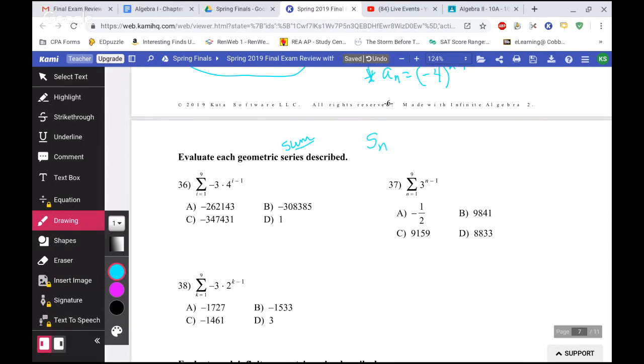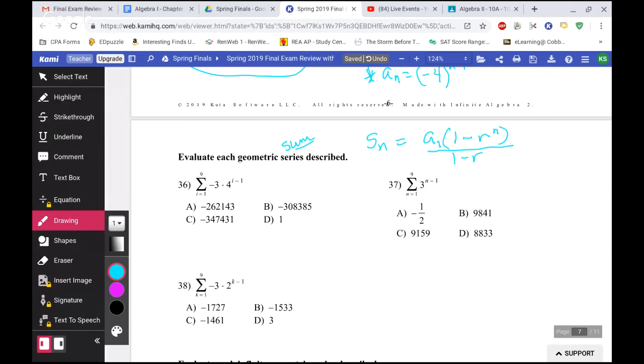The geometric series sum formula is a sub 1, or the value of the first term, times 1 minus the ratio all raised to the number of terms in the series, all over 1 minus the ratio.